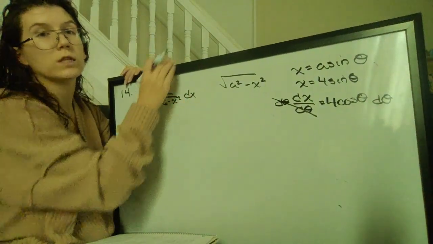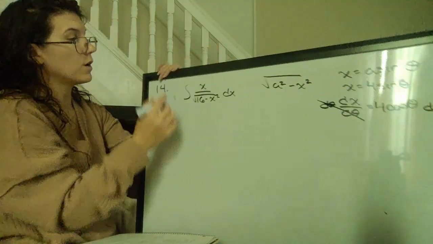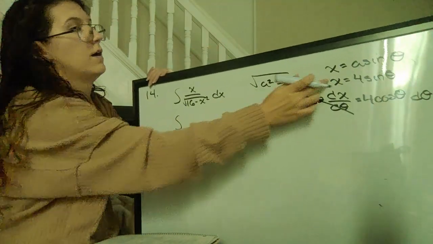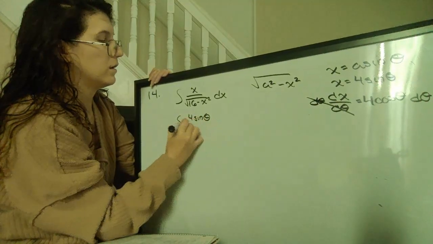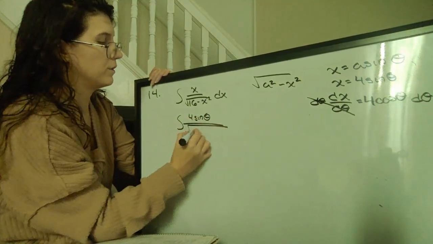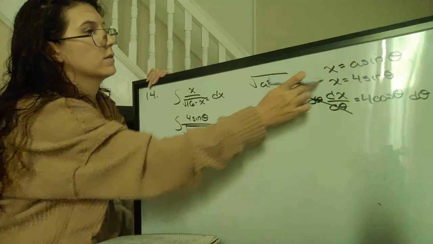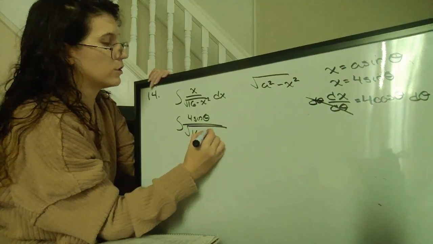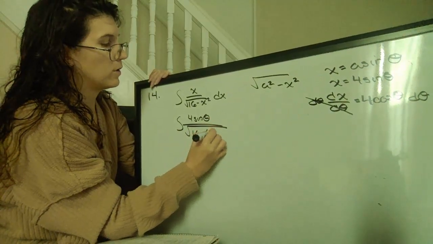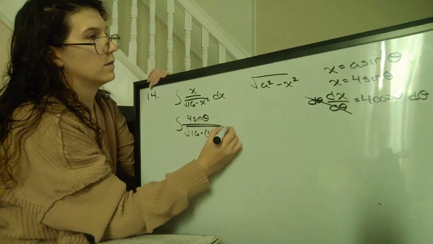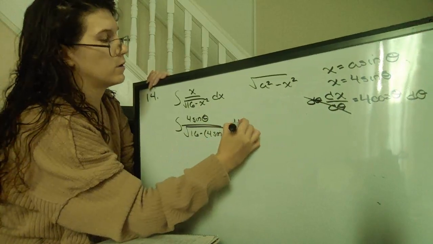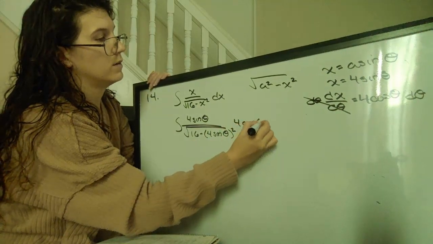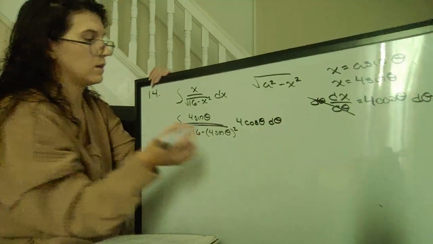So I can say we have 4 sine theta over the square root of 16 minus x squared, which is 4 sine theta squared. dx is 4 cosine theta d theta.